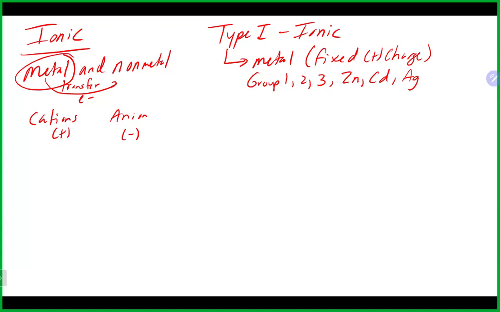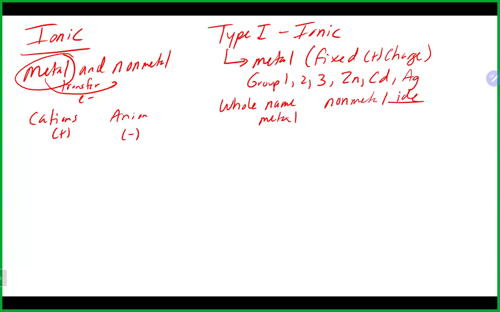So remember that as soon as you identify the metal in this case as being a type 1 metal, all you have to do is essentially write the whole name of the metal. And the non-metal gets the IDE treatment at the end.